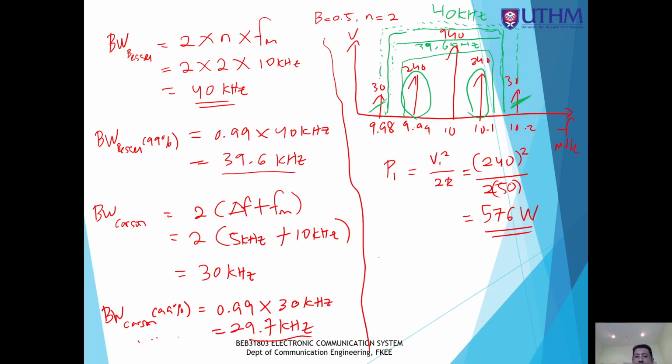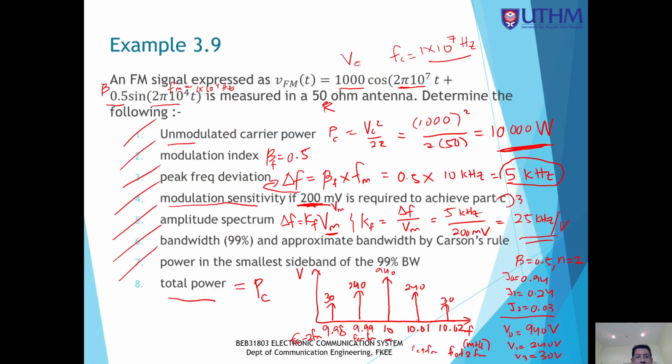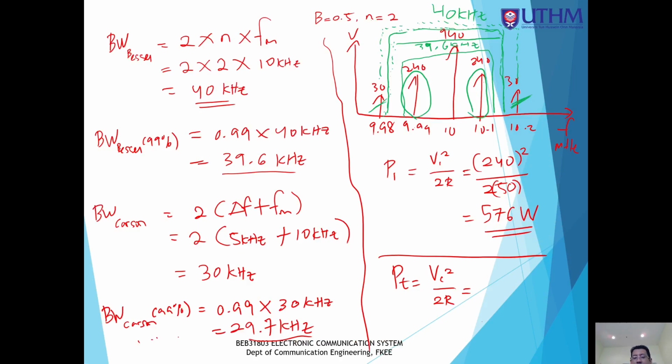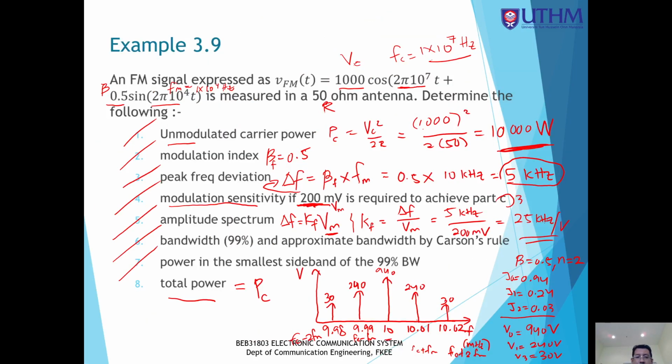So P total is equal to VC squared divided by 2R.